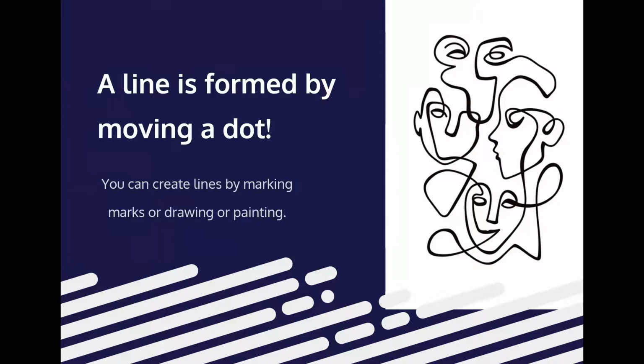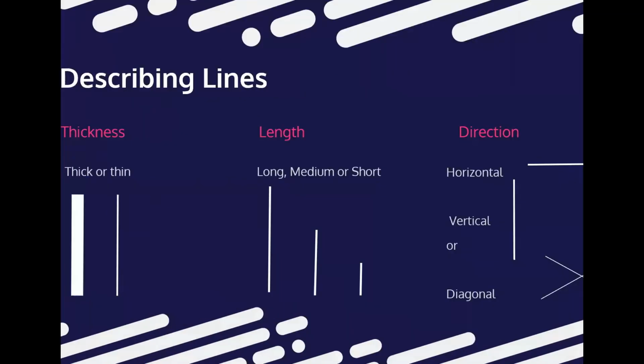This is a line picture example where there are actually 4 faces in here, all of them made from one line. If you were here with us in 1st grade, I may have done the whole making you put your arms up and we pretended we were different types of lines. Some of these I haven't done with you guys yet. So we have thick or thin, which are the thickness of it.